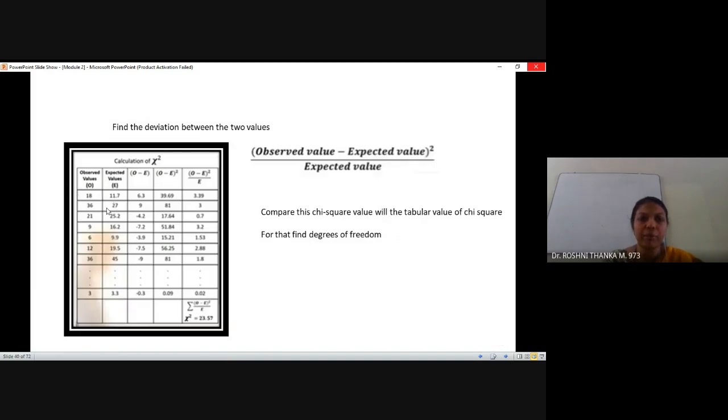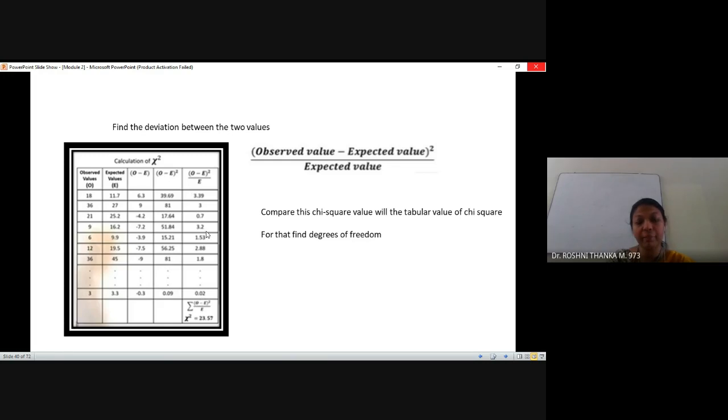When we apply it for every attribute, we have to find the difference, the whole square, and then divide by the expected value. So observed value minus expected value, the whole square, is 39.69, divided by 11.7. When we apply it, we will get this many values.